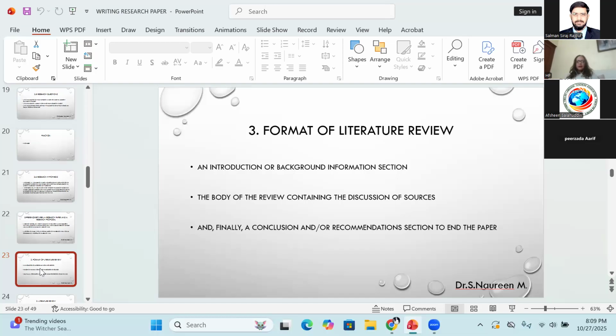One idea should give way to the next. Your statement, your work, your concept has to merge with any similar idea that somebody else has discussed at some other place. Okay. So the format is an introduction, then the body, and finally the conclusion.